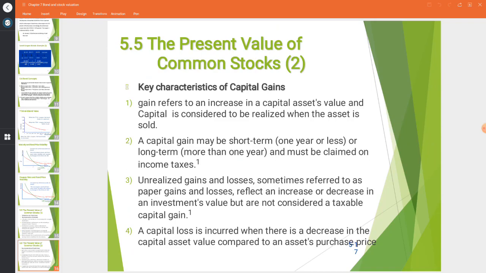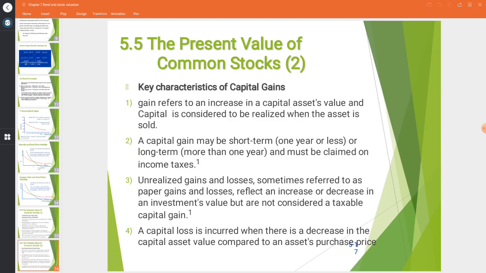Capital gain may be short term, less than 1 year, or long term, more than 1 year, and must be claimed on income taxes. And you are going to pay taxes on your capital gains.